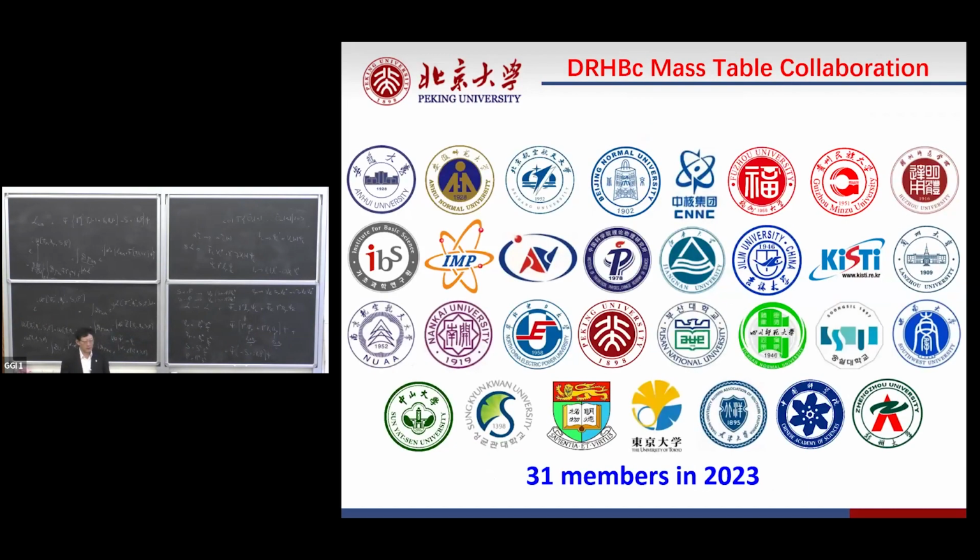Therefore, we built up a collaboration group. Maybe you are surprised, because normally there is always a big experimental collaboration group. A collaboration group for theory is not that common, but we are encouraged by the PRC editorial office.